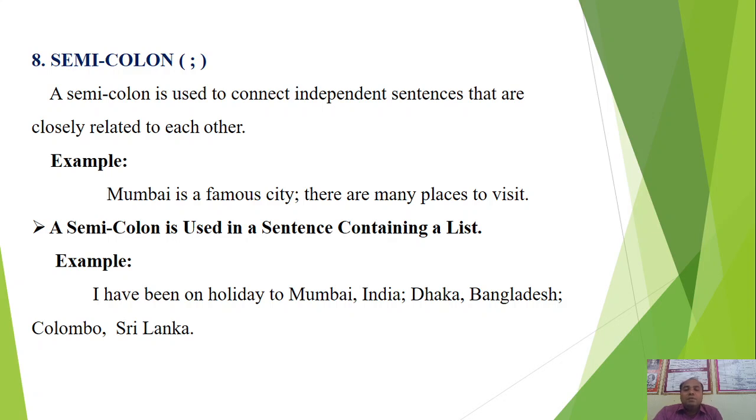A semicolon is used in a sentence containing a list. So you also use a semicolon where there is a list of things to introduce. For example: I have been on holiday to Mumbai, India; Dhaka, Bangladesh; Colombo, Sri Lanka. So you can see a clear demarcation where you are supposed to use a semicolon.